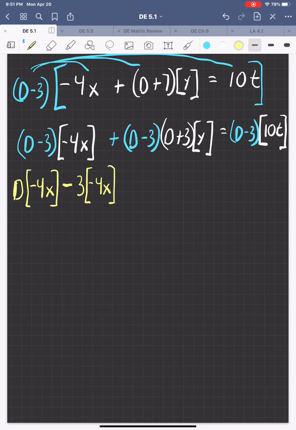Okay. So plus, now remember how we did this? We start here. So let's actually go ahead and do that for this one step. We'll go ahead and start with D operating on y, 3 operating on y. So we'll leave this D minus 3 here alone for just a second. Let's go ahead. So that would be D operating on y. That would be plus, did I, look at me, I keep goofing up.